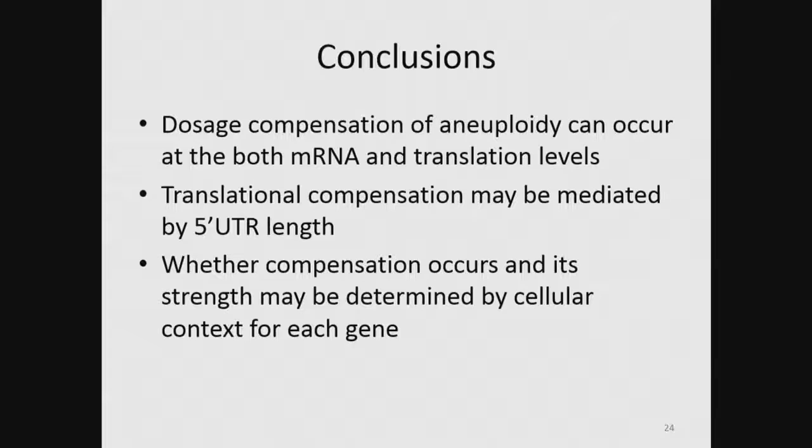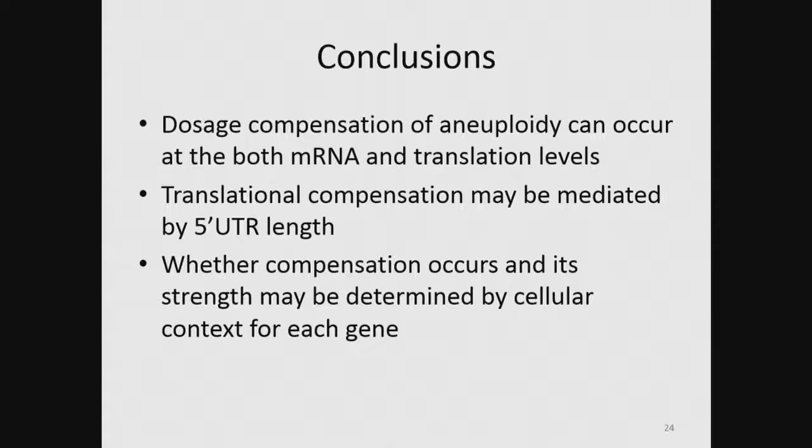So I want to conclude that the dose compensation of aneuploidy can happen in certain cell lines or certain conditions, which can happen at both the mRNA and translation level. And this might be contributed by 5' UTR difference.